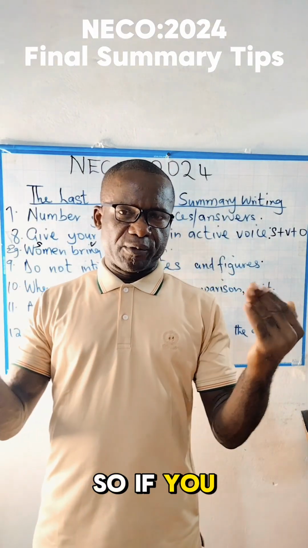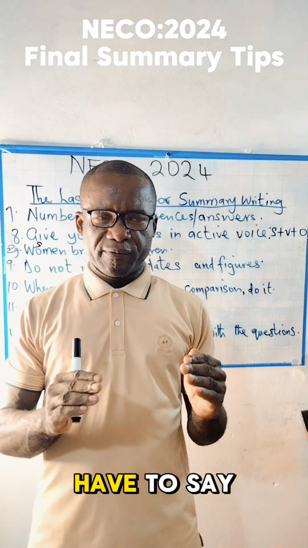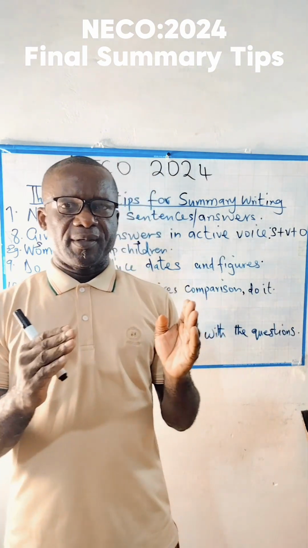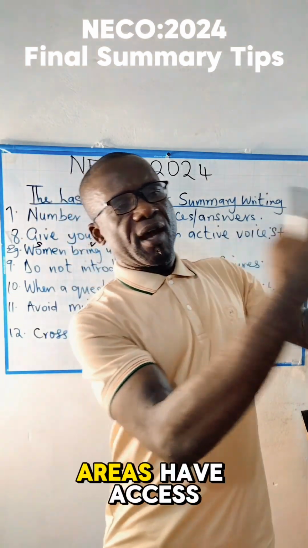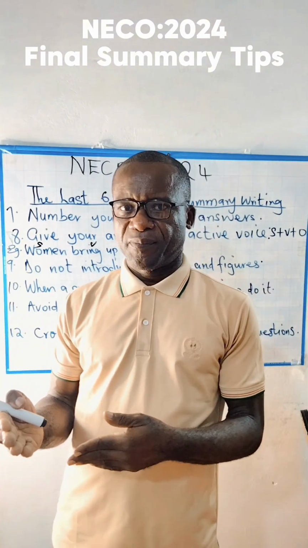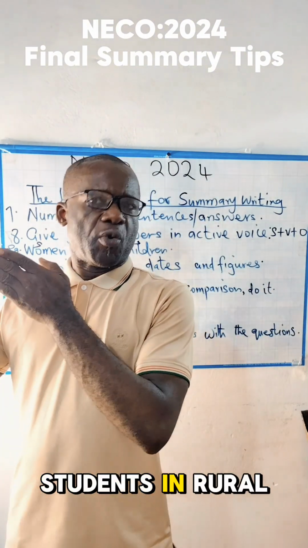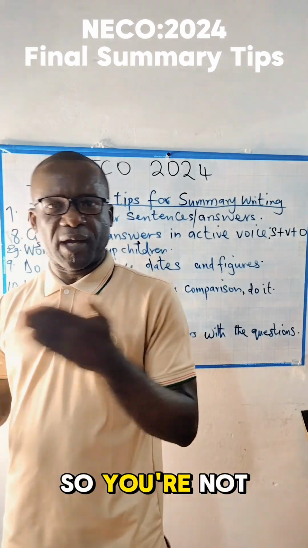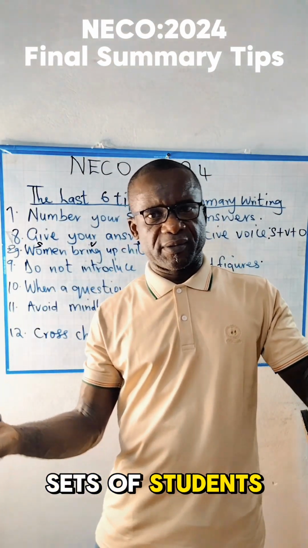So if you try to answer this type of question, you can say students in urban areas have access to textbooks, whereas students in rural areas do not. So you are comparing the two sets of students.